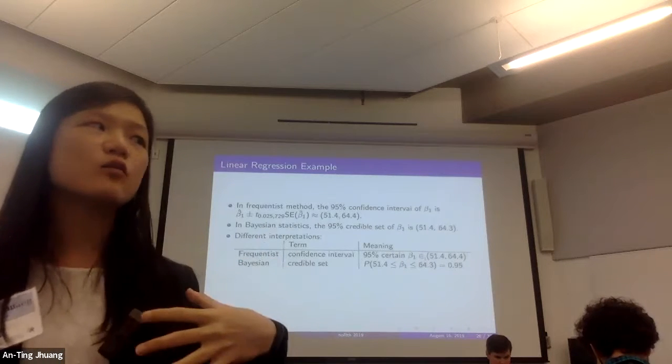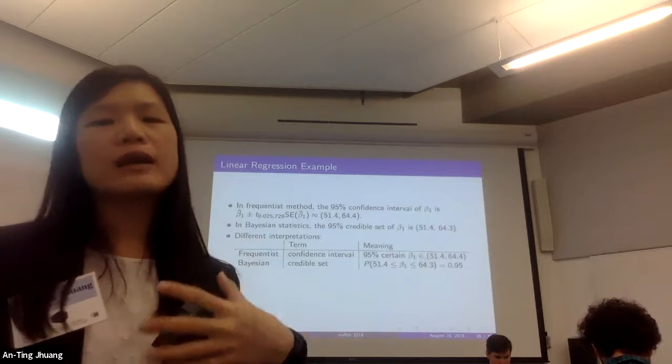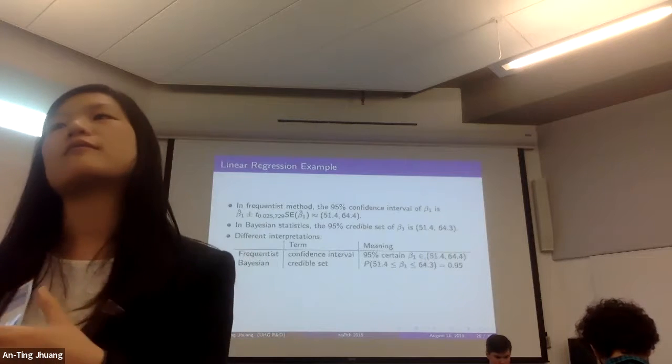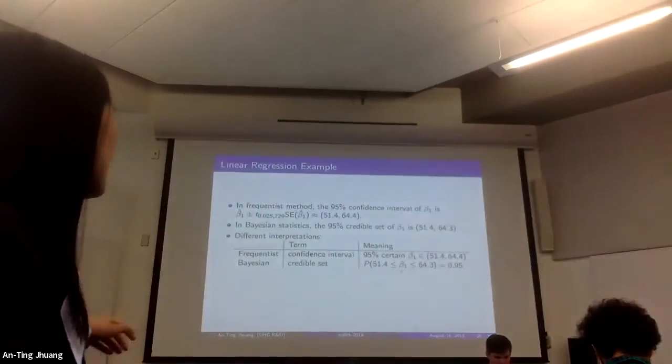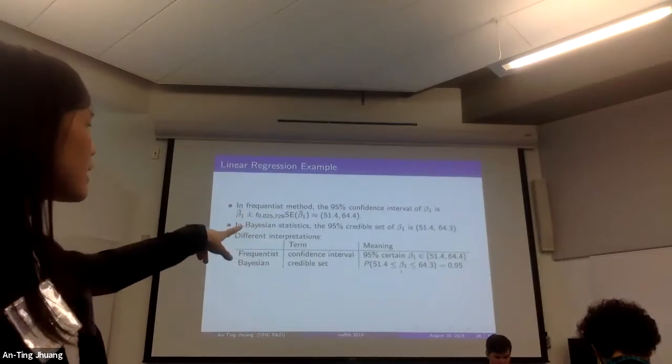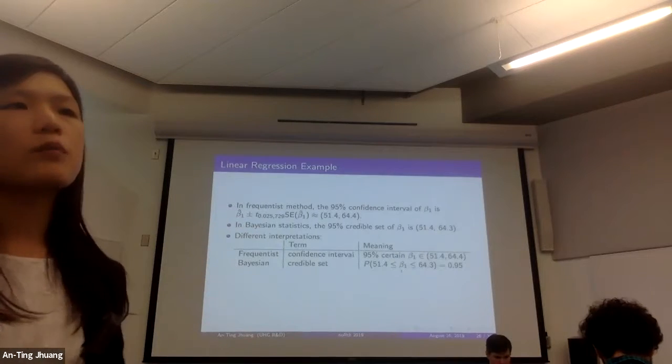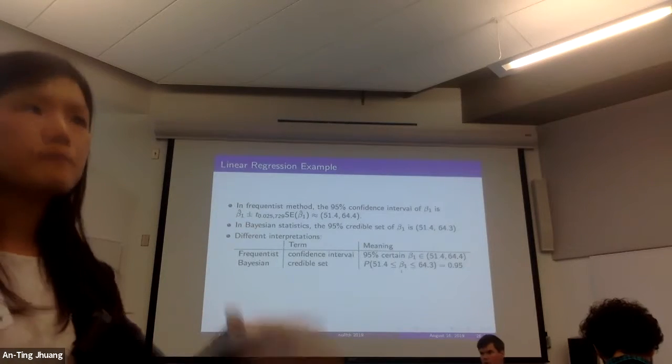But in Bayesian, we view beta 1 as a random variable. It follows a distribution. So we interpret the credible set differently: the probability that beta 1 locates between these two numbers is 0.95. So it's a different thing for frequentist and Bayesian.